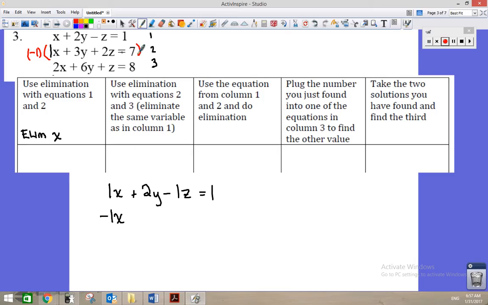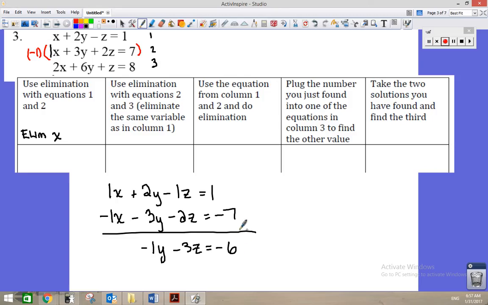So this is all addition, so all of these now become subtraction. And on the right-hand side, I have a negative 7. When I add these two equations together, the x's are eliminated, which is what I wanted. Now I have this new equation.